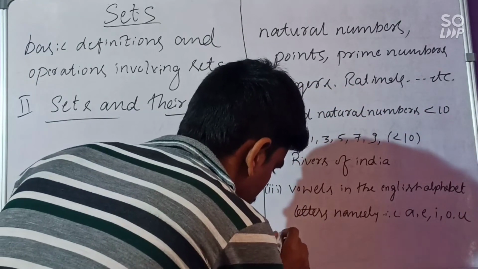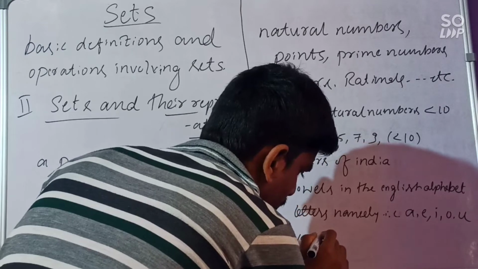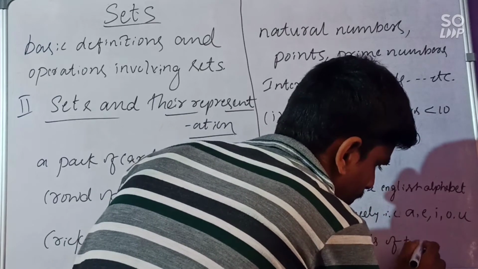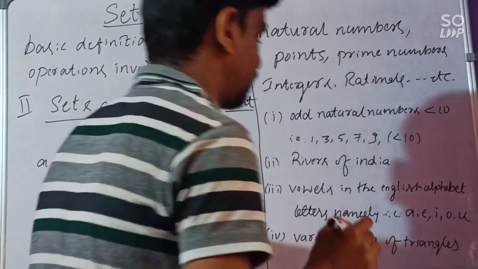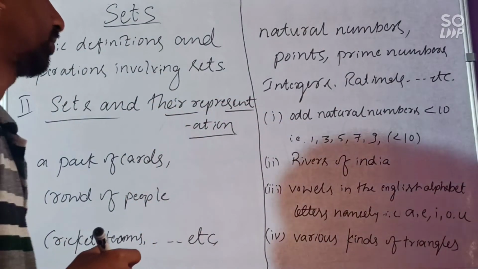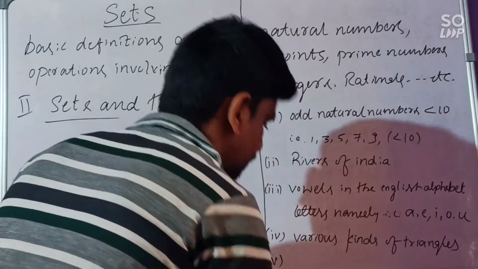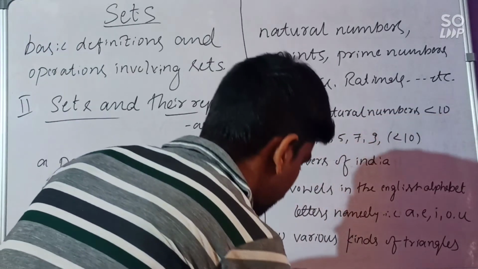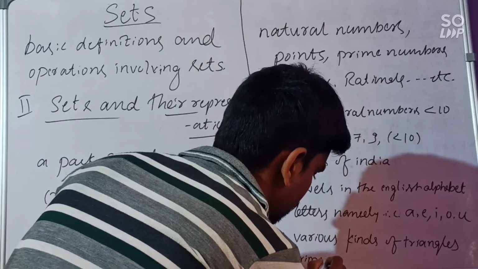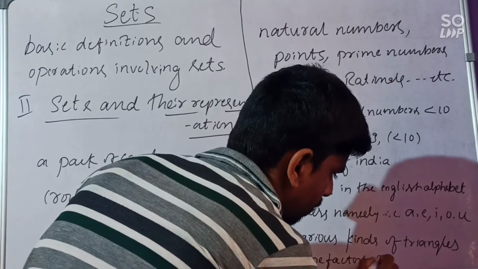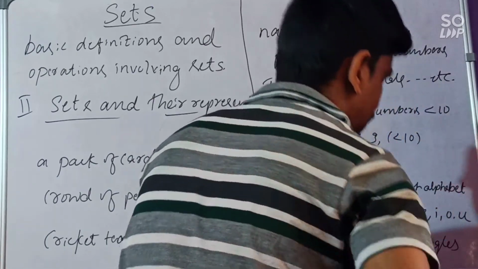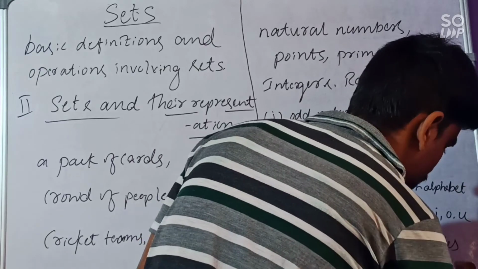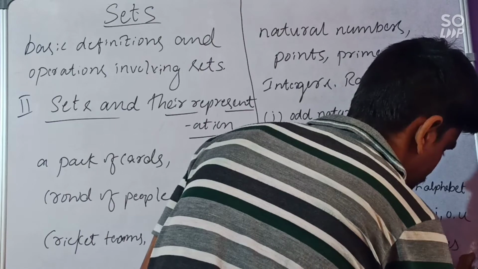Next, various kinds of triangles. Next, prime factors of 210, namely 2, 3, 5, and 7.